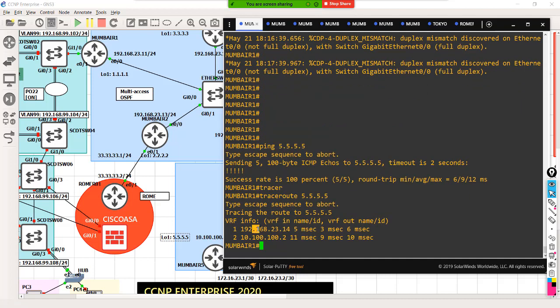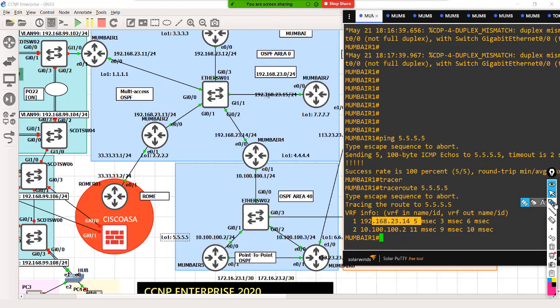So they went first towards 23.14. Now what is 23.14? That's nothing but the ABR, this interface. So the ping traffic first hit this. Now this ABR knows how to reach 5.5.5.